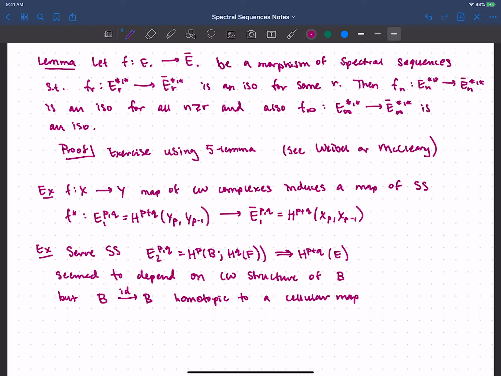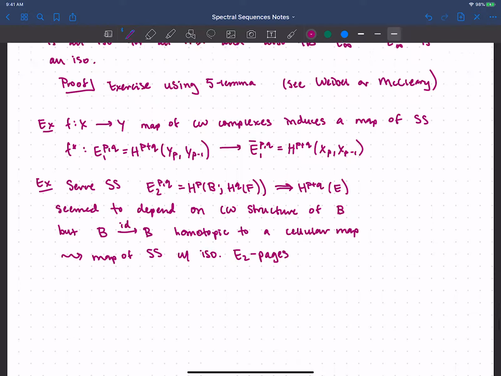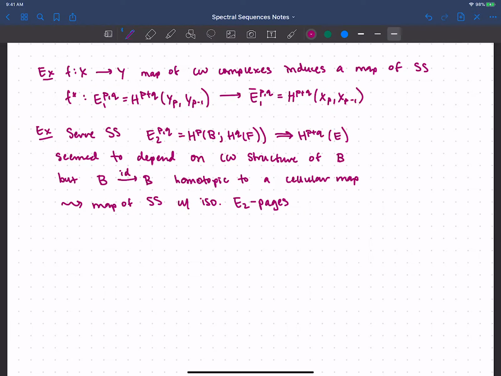And they'll have isomorphic E2 pages, right? Because our E2 page doesn't see anything about that filtration. And so they presumably don't have isomorphic E1 pages, but they have isomorphic E2 pages, and so the spectral sequences are isomorphic forevermore. Okay, I guess there's a little bit to check that this map really is going to induce the right kind of map so that as we go from page to page, that's all respected. But let me leave that as an exercise.